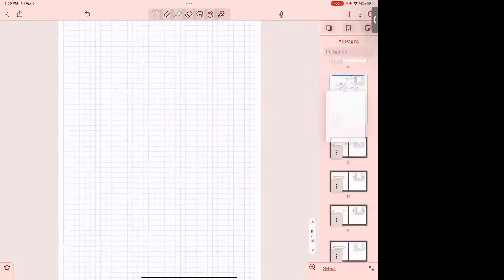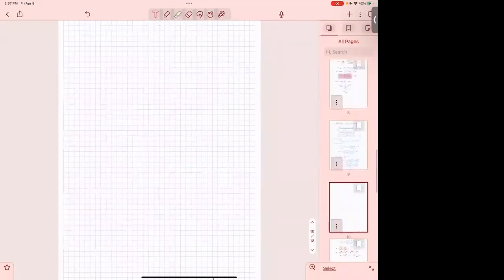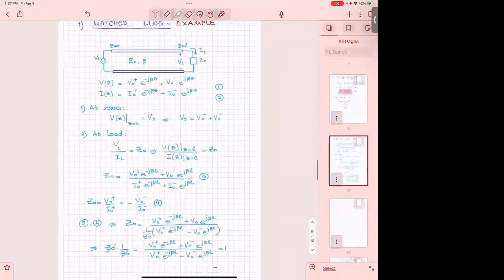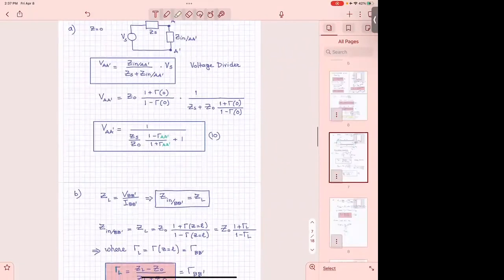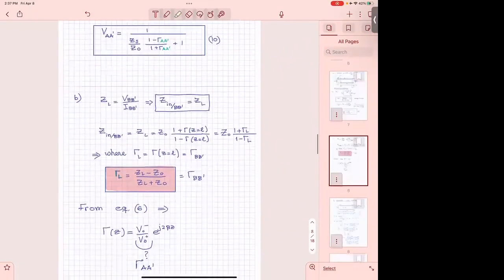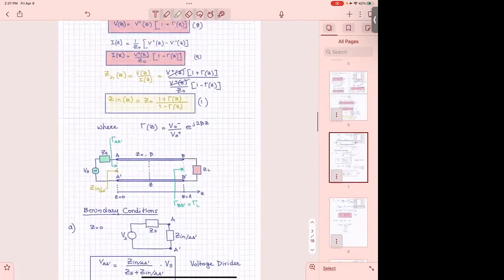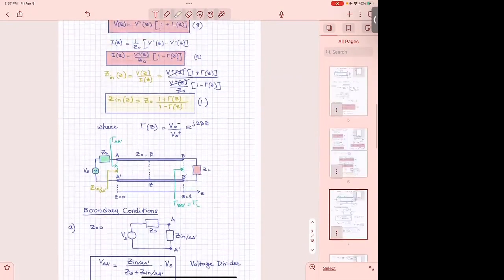Wrong. Okay, let me put it there. That's okay. Leave it there. But it's there. Here, I'm supposed to put a page.